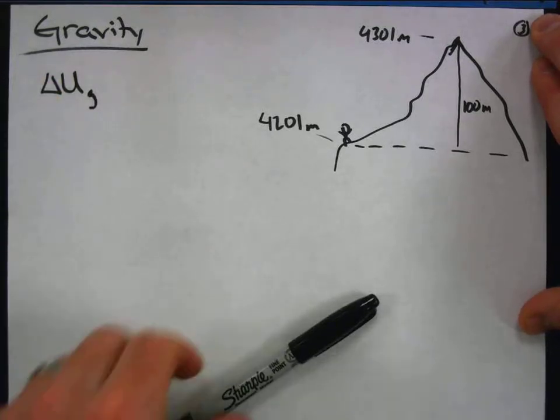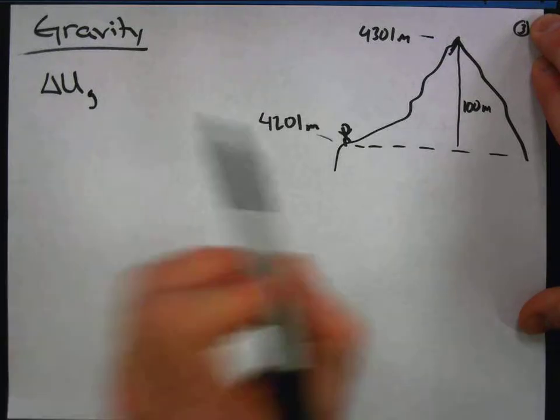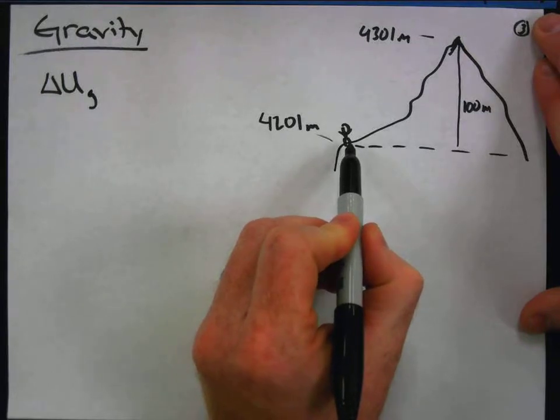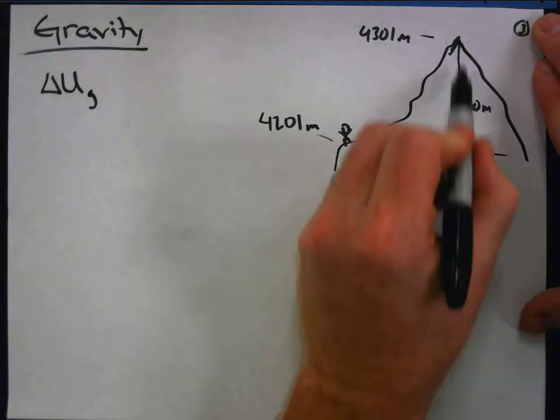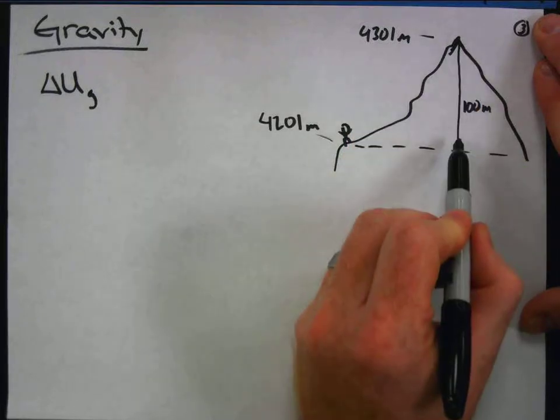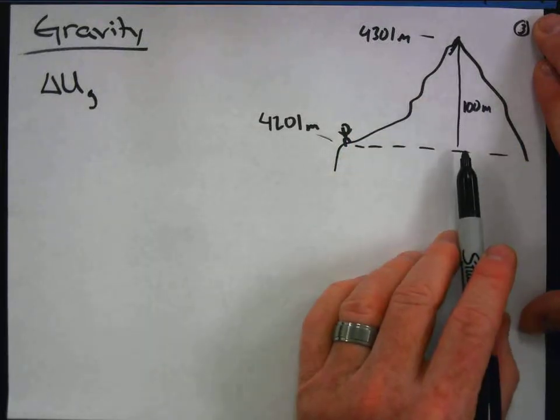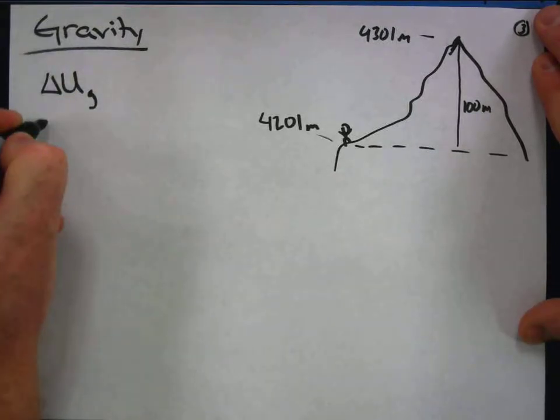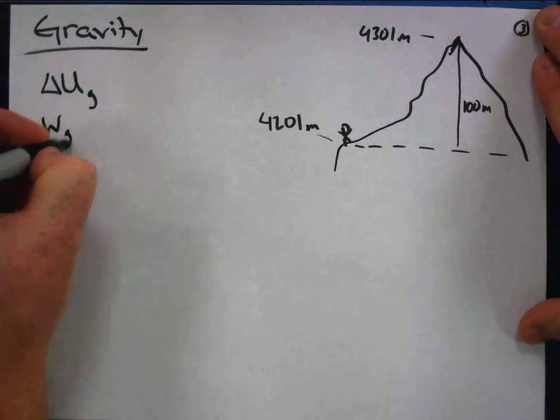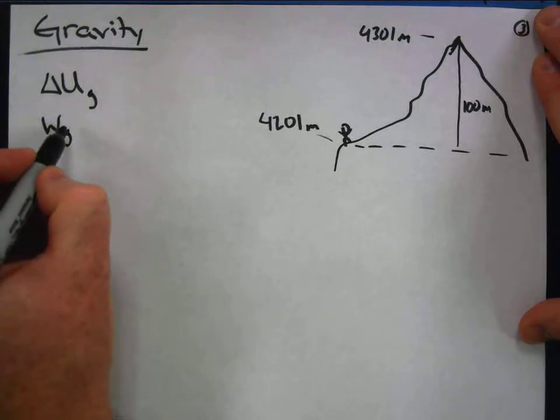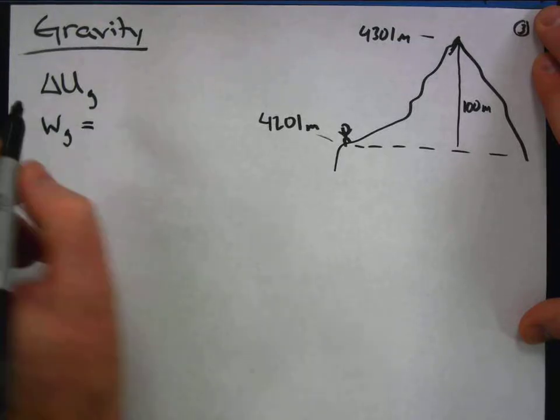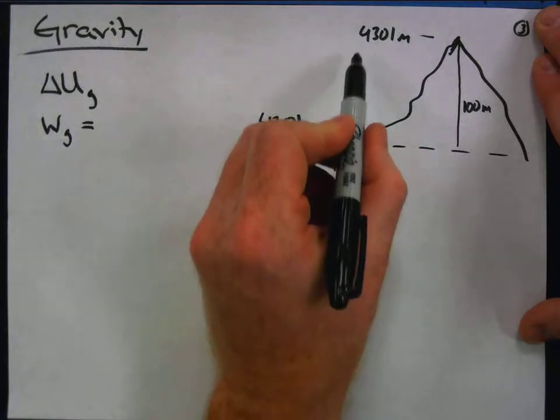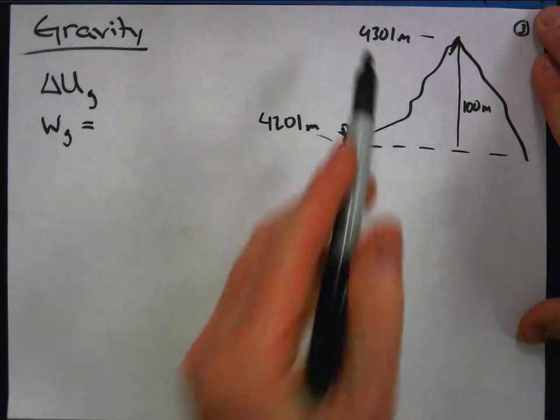Essentially, if gravity is the force, we know it's a conservative force here, then the vertical distance from here to here is in the upward direction, and gravity is working in the downward direction. So what we should see is the work done by gravity is going to be a negative value, but the stored energy of the climber, as the climber ascends and goes higher, increases in value.